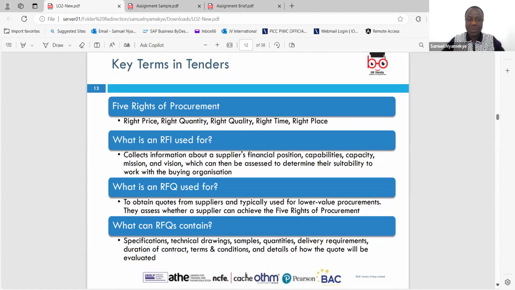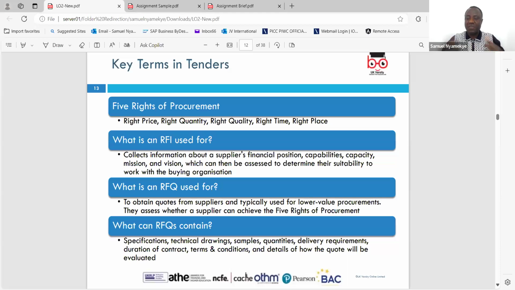We are also saying, what is an RFI, request for information? It covers the supplier's financial position, capabilities, capacity, mission, vision, to determine the suitability to work with that organization. So it's important for you to know whoever wants to bid, whoever wants to tender, whether they have the capacity to do it.